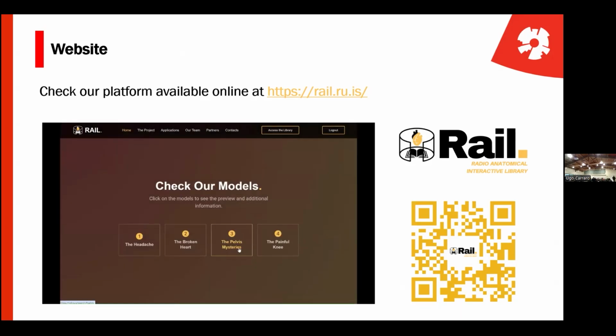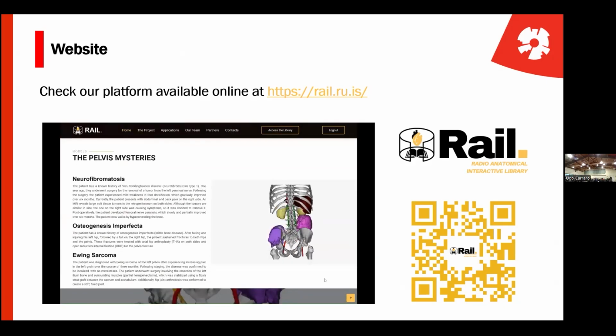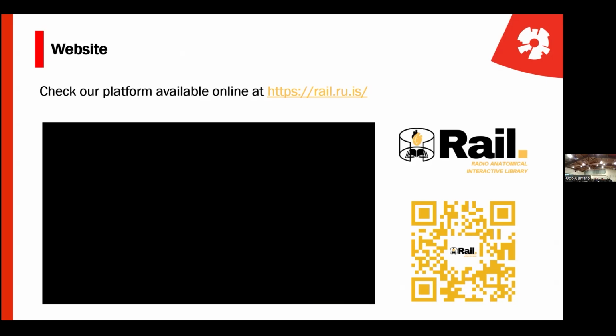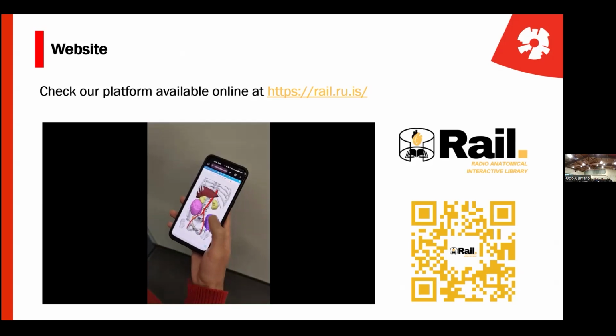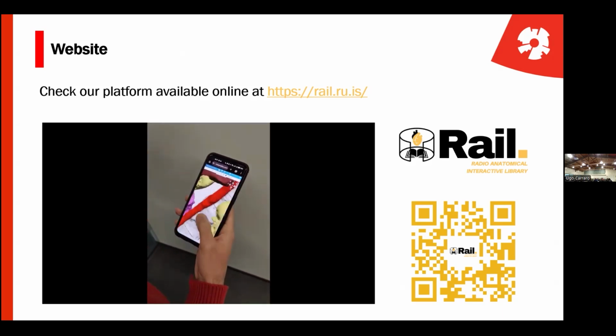We have 4 benchmark cases right now, representing 4 main different anatomical regions. For example, this is the pelvis. And you have 2 buttons, one that will lead you directly to a completely browser-based application, so it is, again, accessible from personal devices.